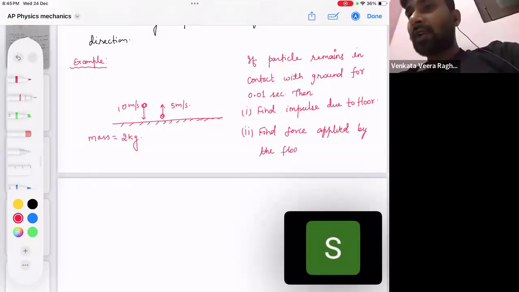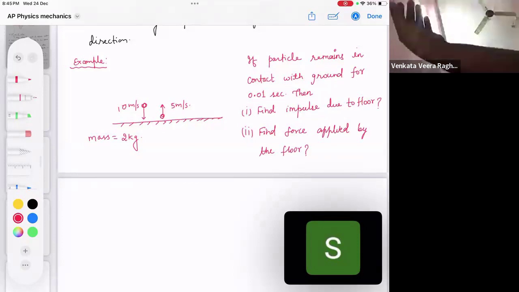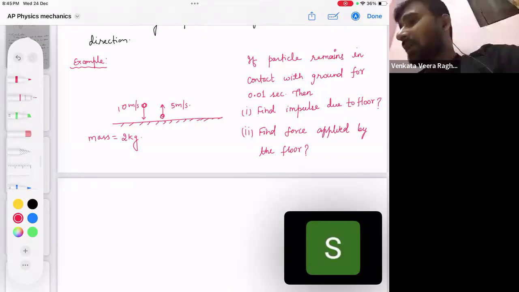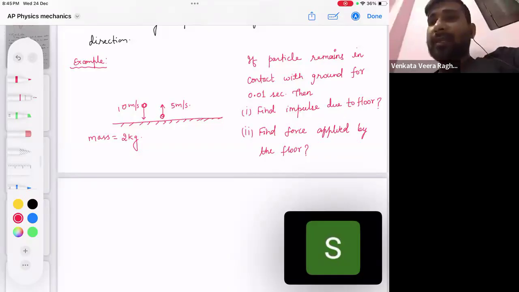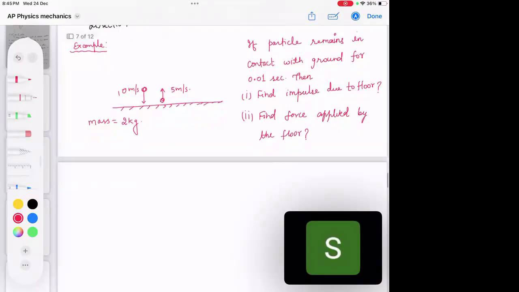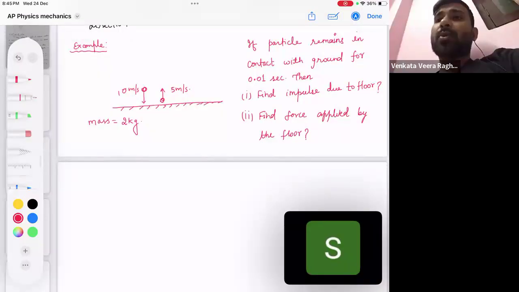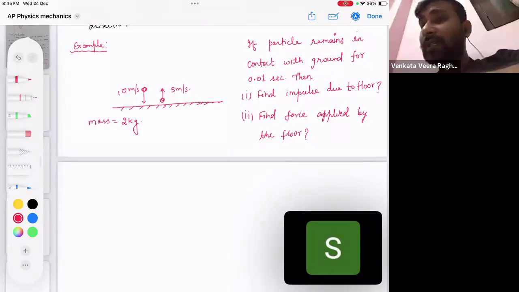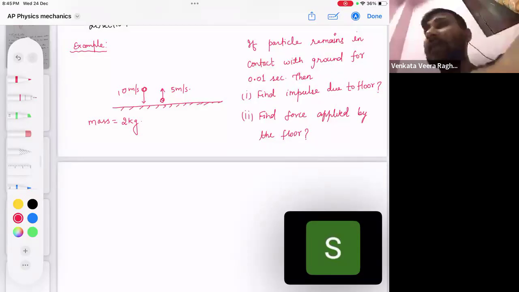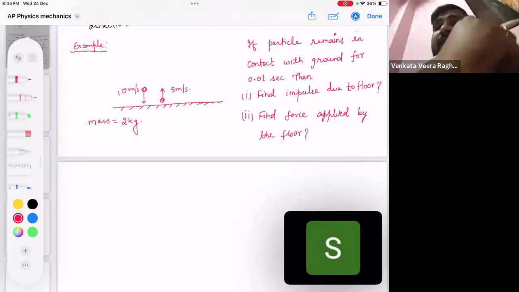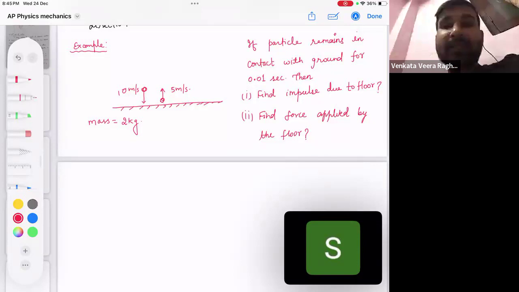Tell me, for the impulse calculation, do I need the time? If I want to calculate only the impulse, do I need the time? Please tell me, yes or no? No, sir. No. But if I want to calculate the average force applied by the floor, then yes, we will need the time duration also, the time in which this change in momentum of the particle happened, isn't it?